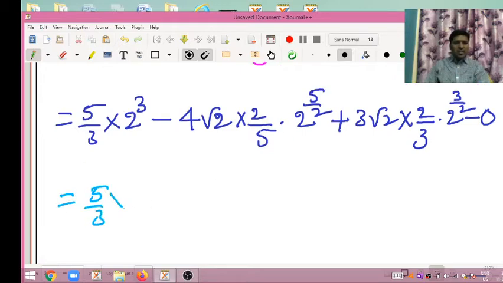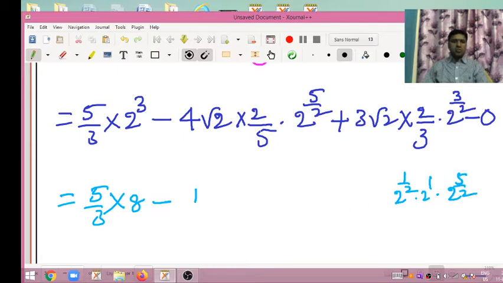So that is equal to 5 by 3 into 2 cubed means 8. 8 will come, my dear friends. Again 4 into, here all powers should be added: 2 to the power of 1 by 2 into 2 to the power of 1 into 2 to the power of 5 by 2.